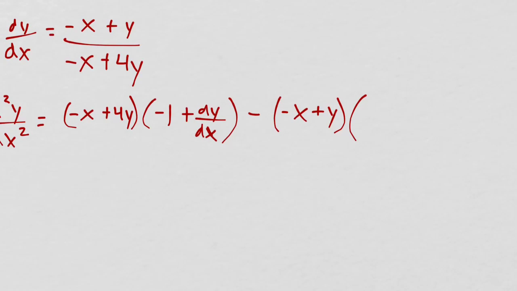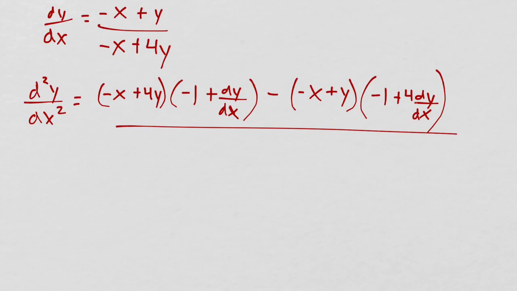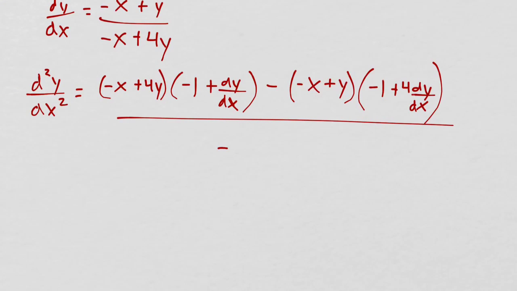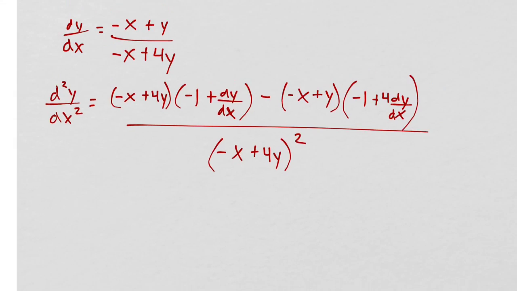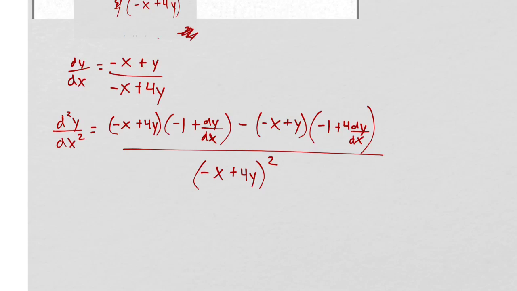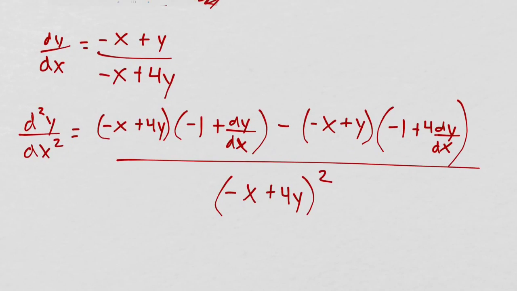So that would be negative 1 plus 4 dy dx, all over low squared, which would be negative x plus 4y squared.